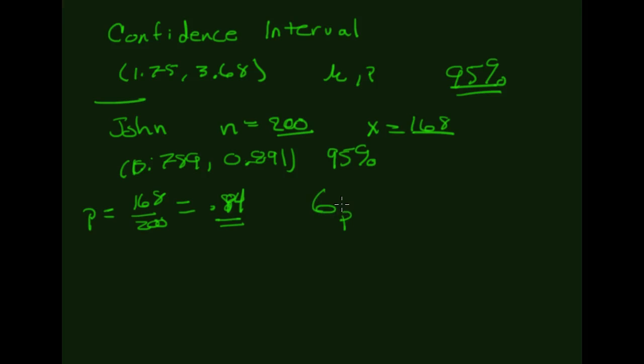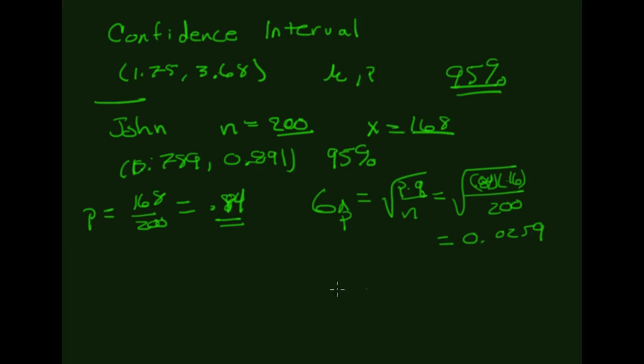We found a standard deviation for the samples by taking the square root of p times q over n, which in our case is 0.84 times 0.16 over 200, which works out to be 0.0259. Now, in the past, what we've done is we've said take 0.84 minus 2 times 0.0259, and then do that again with 0.84 plus 2 times 0.0259.